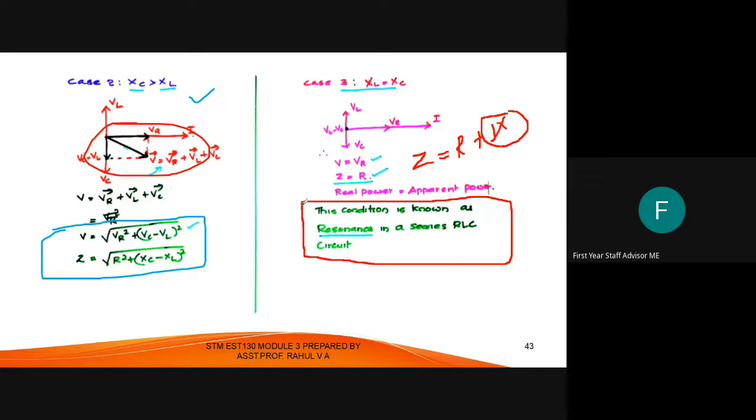What is resonance? It may be at a particular frequency, or due to the components. The RLC circuit, which should have a combined effect of resistance and reactance, will work exactly like a resistive circuit. This condition is known as resonance in a series RLC circuit.